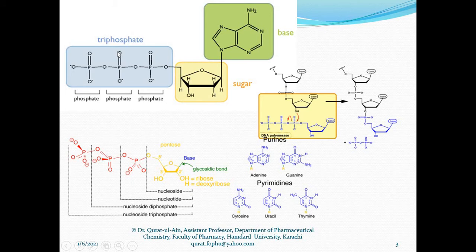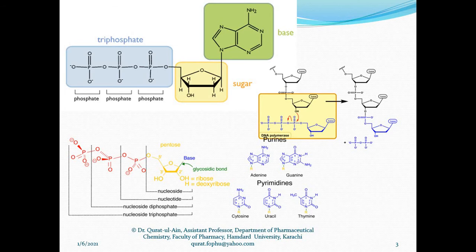If we are talking about a trinucleotide, it consists of three phosphate groups. You have to keep in mind that a nucleotide is the basic unit of DNA, and DNA is a polymer of nucleotides. A nucleotide consists of three parts: one is the ribose sugar, one is the base, one of the four existing bases.